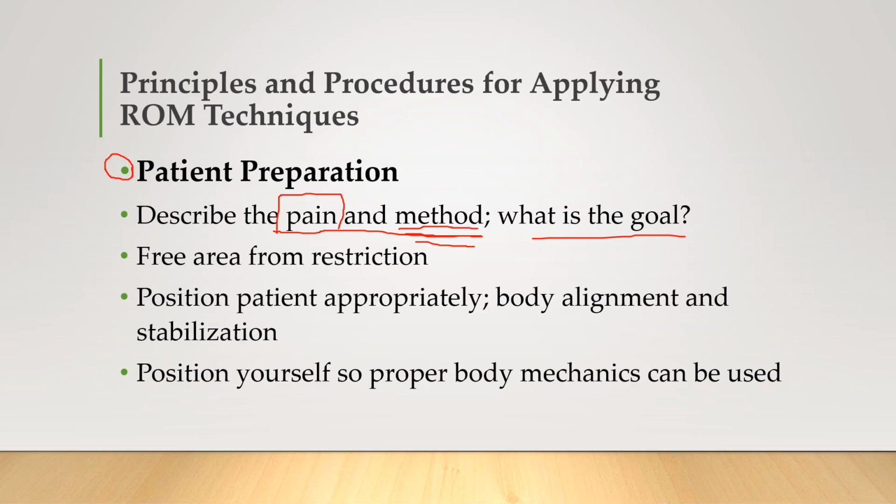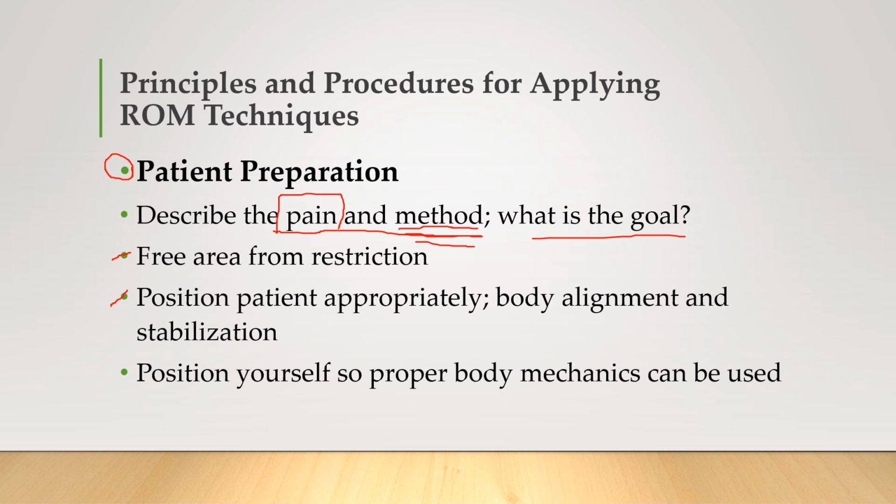Okay? You want to make sure to free the area of any types of restrictions. So tight-fitting clothes, pillows, bolsters, those kinds of things can get in the way. We want it to be free of any restrictions. It's also really important to position your patient appropriately. Body alignment and stabilization are all important.